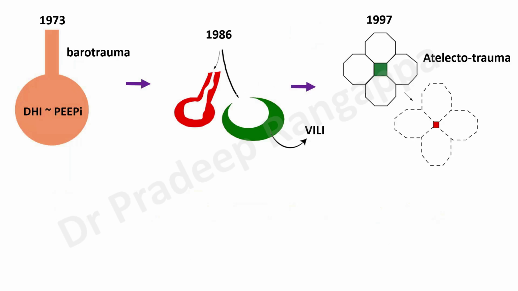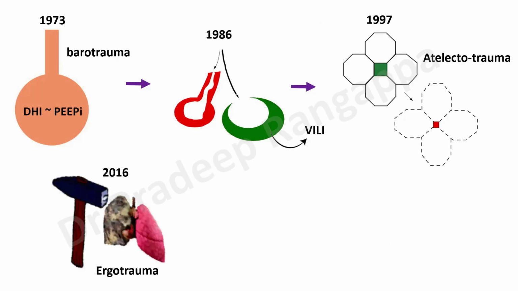In 1997, atelectrauma got emphasized. In 2016, we are talking about ergotrauma. So why mechanical power? Because this is a new nomenclature which got introduced in 2016, ergotrauma, and this ergotrauma is influenced by various forces, and that's where the importance of understanding mechanical power came into concept.